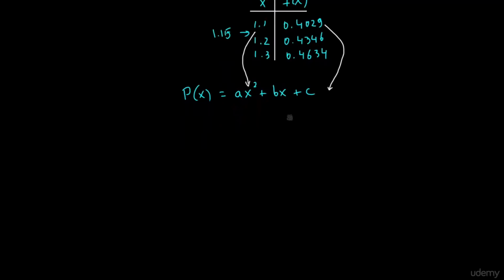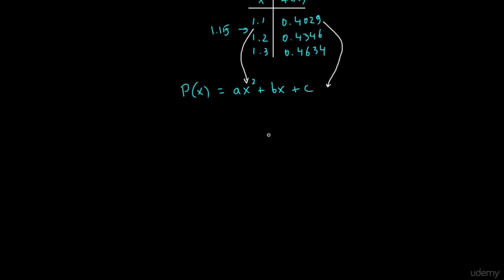So we plug in the values and we get a system of equations. 1.1 squared, for example, is 1.21, so 1.21a plus 1.1b plus c is equal to the right hand side, 0.4029, and we get similarly the other 2 equations.